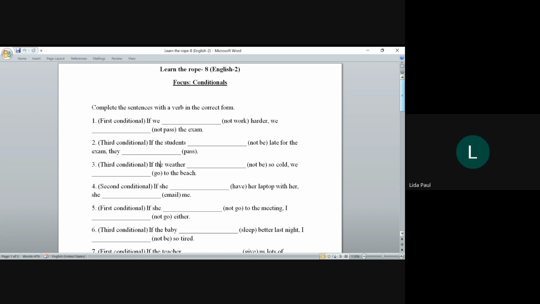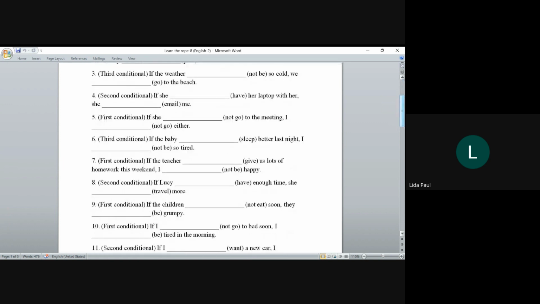Okay, sixth one, third conditional. If the baby dash sleep better last night, I dash not be so tired. Yes, others, you can also try.